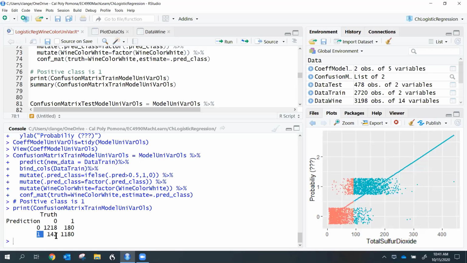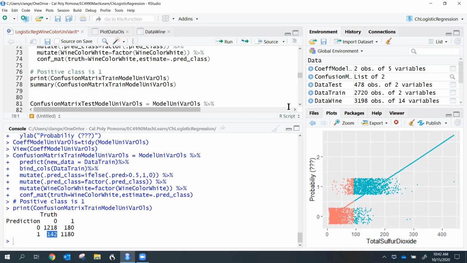That is correct. So let's look. Correct. Correct. So on this diagonal, you find the correct results. While on the secondary diagonal, on this one here that goes the other direction, you find the wrong predictions. And you can see we did a pretty good job.